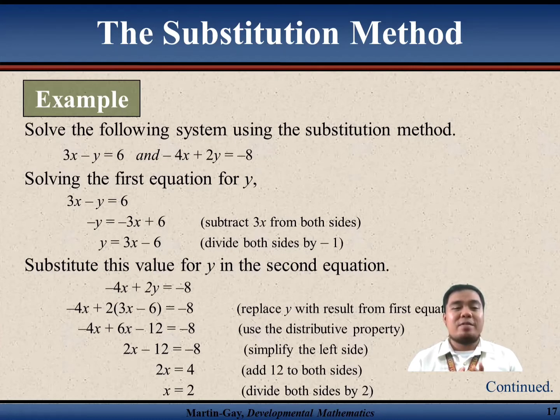So I already have the value of y by transposing 3x to the right side of the equation, and that will become -3x + 6. What is being left is -y. Then to make that positive, I will multiply by -1. So that will become y = 3x - 6.